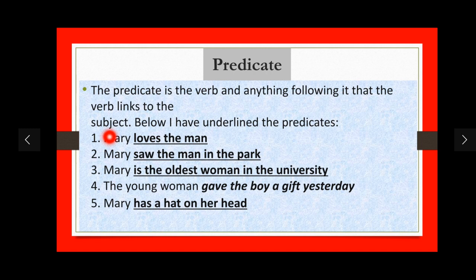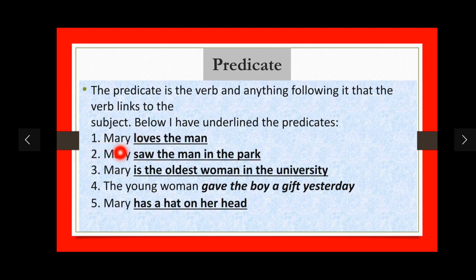Or if I say I teach English, so I is a subject and teach English is a predicate. So verb plus other elements all are called the predicate. Below I have underlined the predicates. Mary loves the man. You can see that loves the man is a predicate, so verb and anything which is linked with the verb.